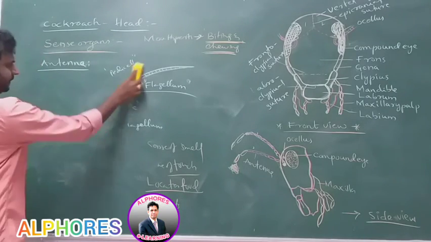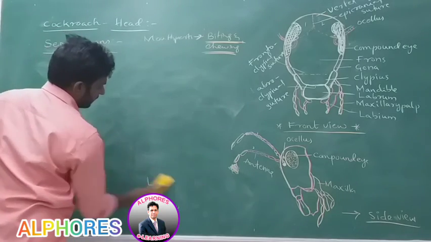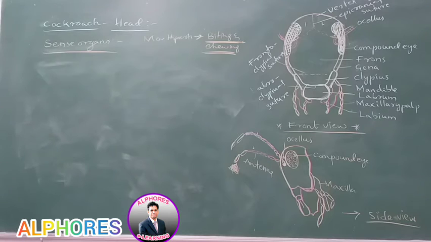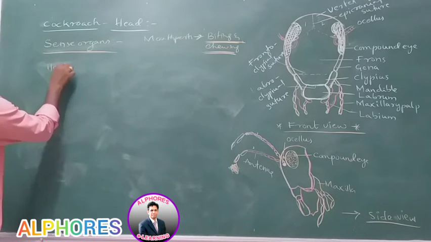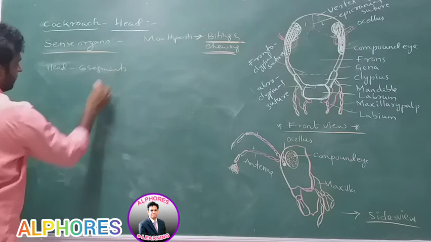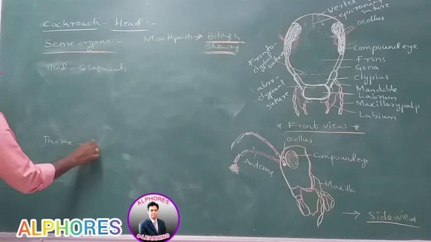Then how many segments are present in the cockroach head? We discussed this in the previous class. The cockroach head consists of 6 segments. Then how many segments are present in the thorax?